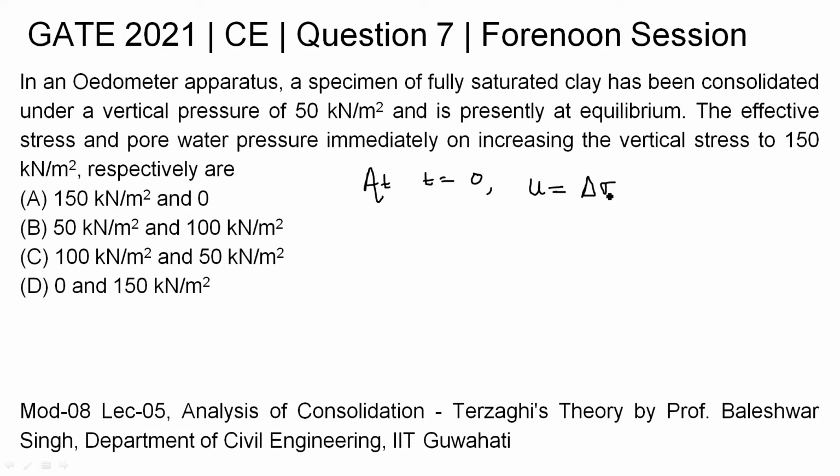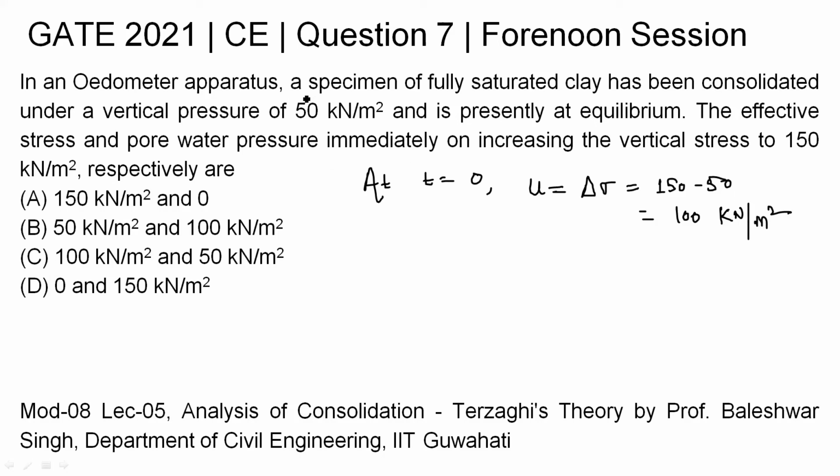u will be equal to the additional stress, and here in the question additional stress is 150 kilonewton minus 50 kilonewton per meter square, that is 100 kilonewton per meter square.